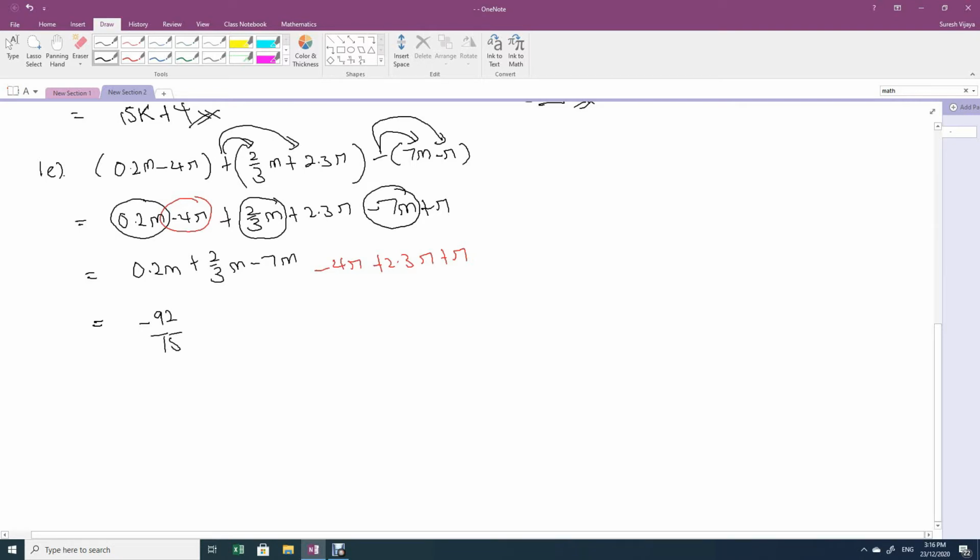We get negative 92 over 15, yeah. So this will be negative 92 over 15 m, okay. Then we have negative 7 over 10 n, yeah, that's for the value n, yeah.